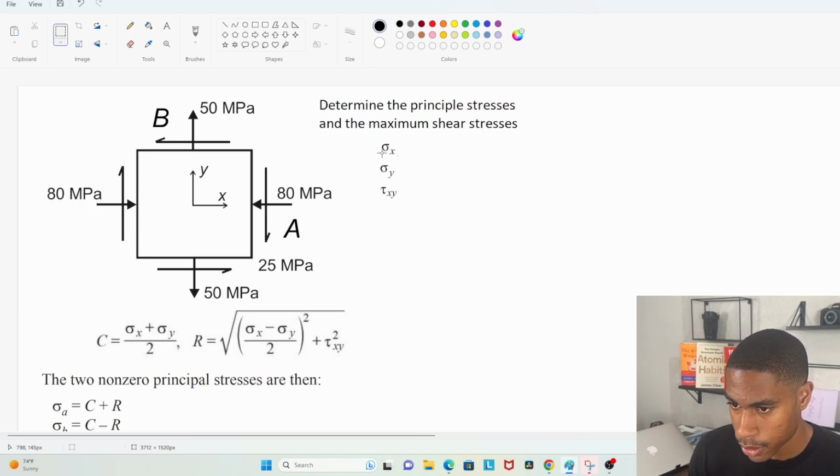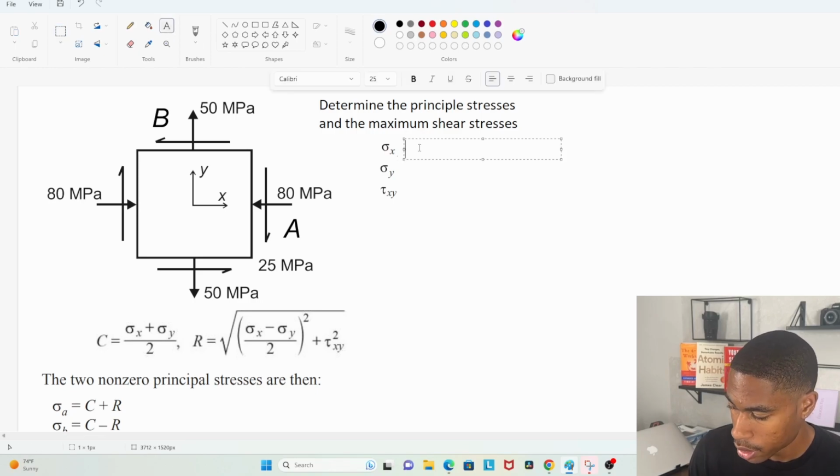Okay, so that inward means that it is actually a negative. Negative 80 MPa.